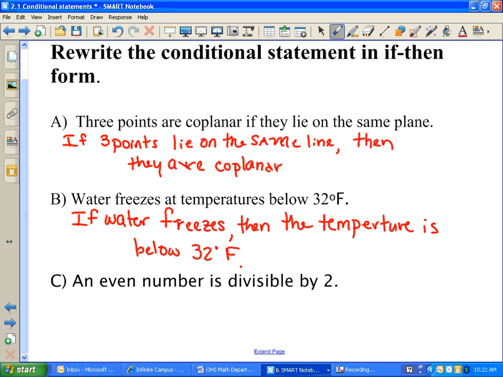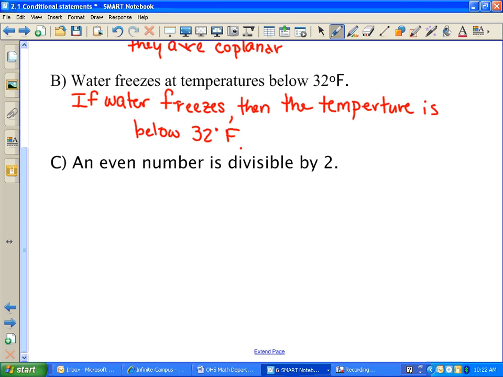Okay. An even number is divisible by 2. If it's an even number, then it's divisible by 2. So instead of using "it," what can we use? If a number is even, and there's several ways you could have written it, then it's divisible.